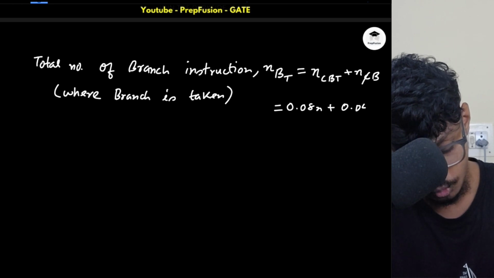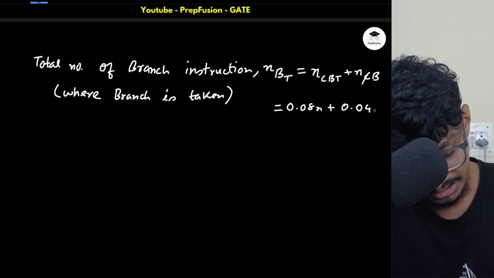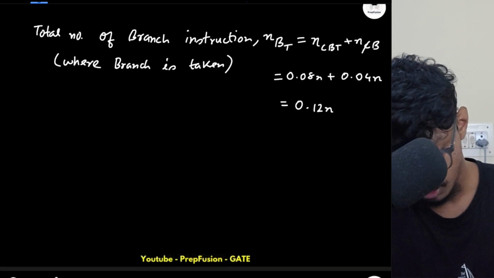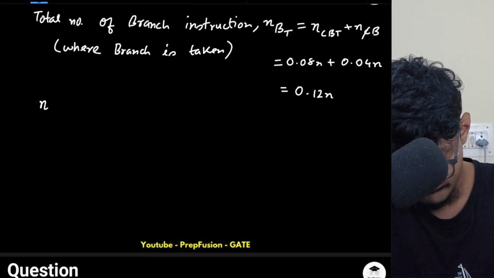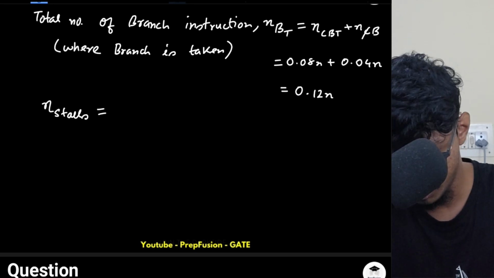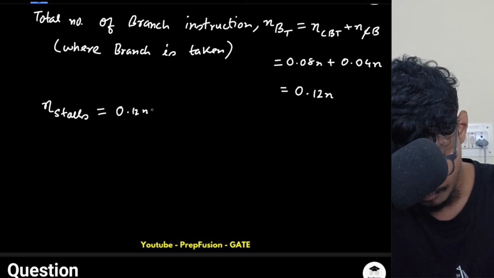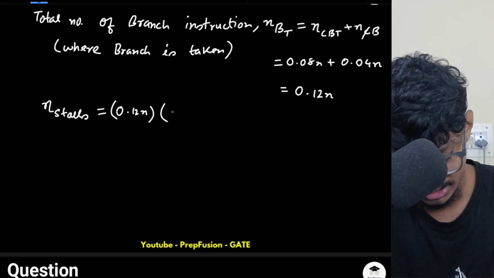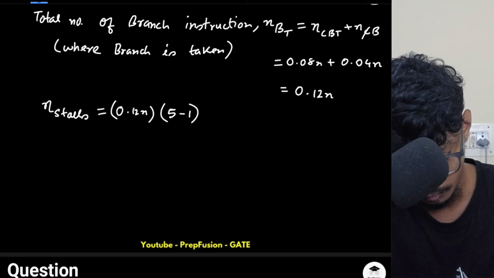So what will be the total stall cycles introduced? The N stalls will be simply the total taken branches, 0.12N, and for each taken branch I have to introduce 4 stall cycles, that is 5 minus 1, so 4 stall cycles.